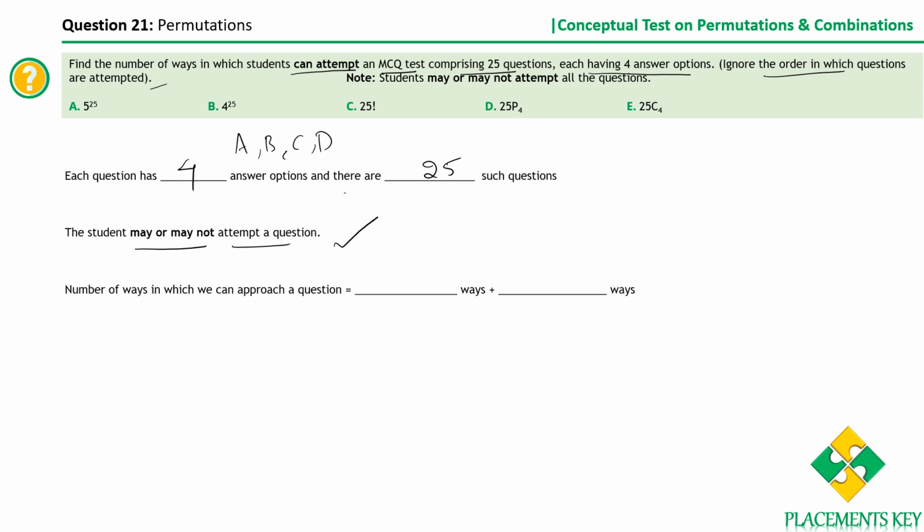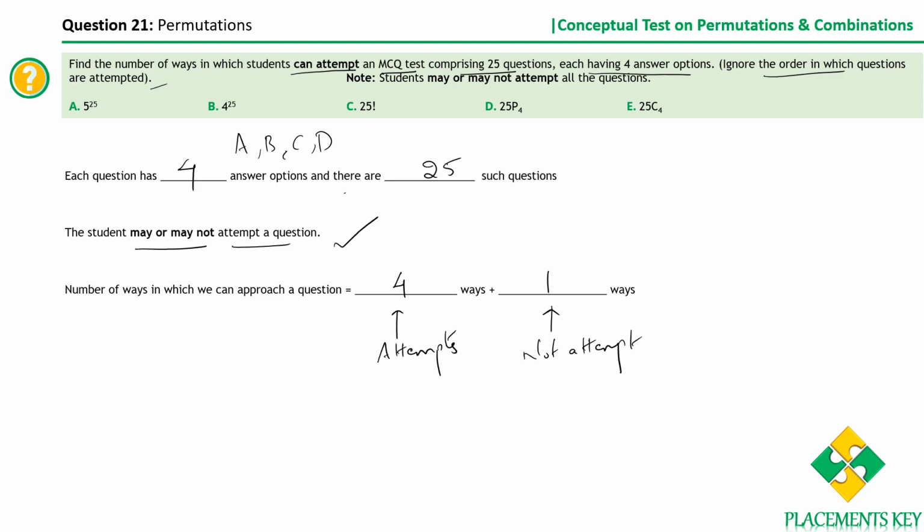If he attempts, he can approach the question in 4 ways, because 4 answer options are there. If he chooses not to attempt, he can approach it in only one way, as if he's not attempting.